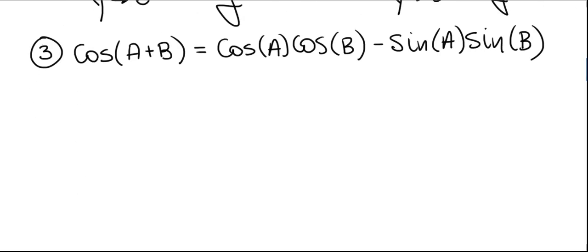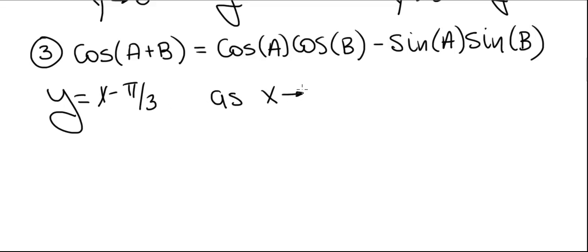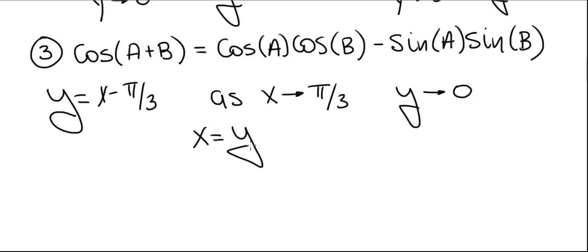Let's begin by making a substitution. Let y equal x minus pi over 3. Now, as x approaches pi over 3, clearly y will approach pi over 3 minus pi over 3, which is 0. And if we solve for x, x is equal to y plus pi over 3.